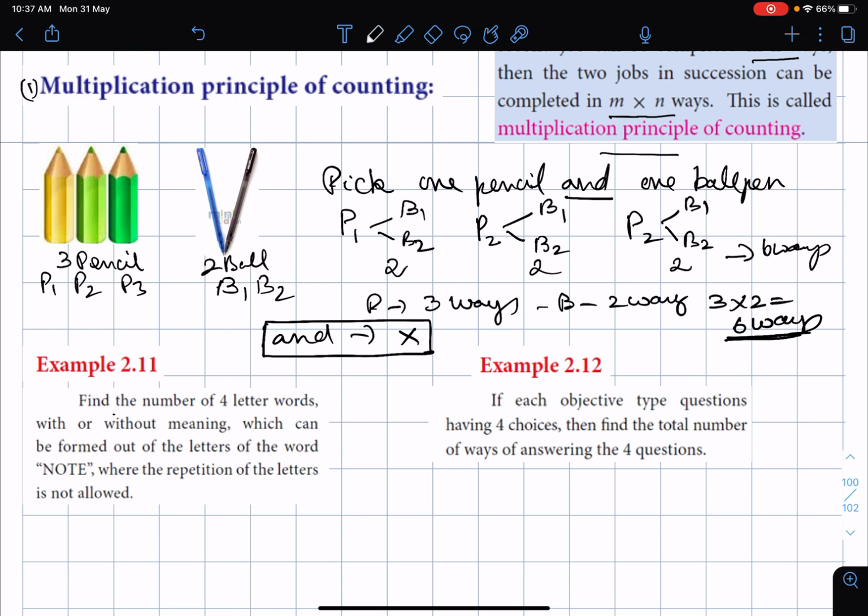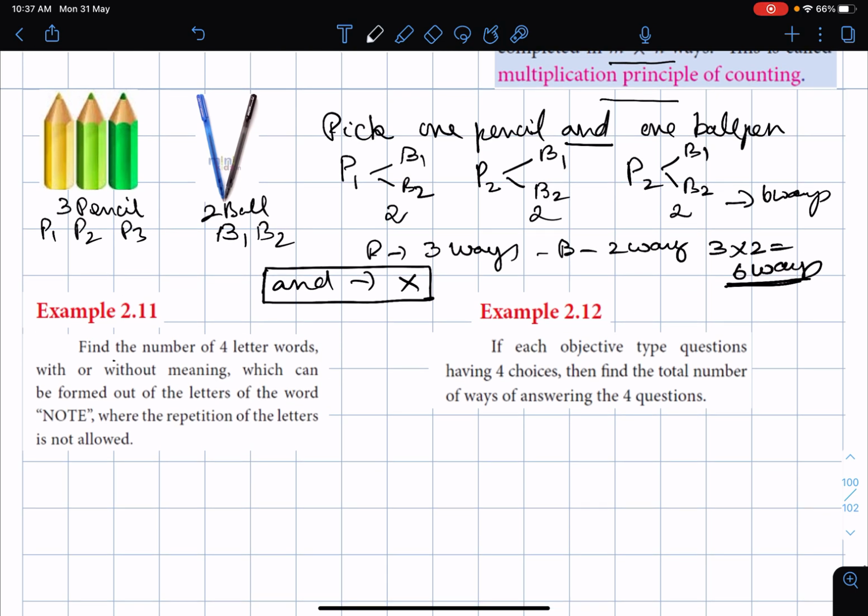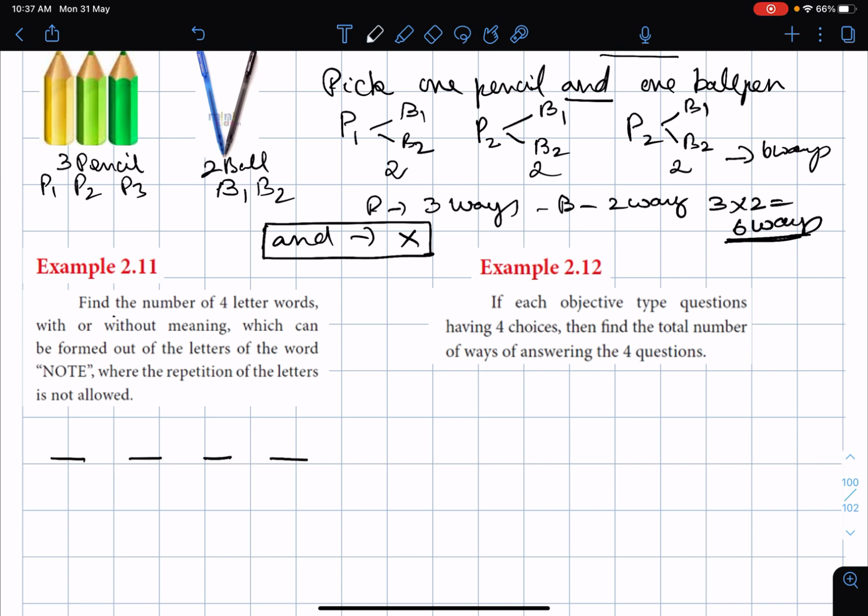Here are our examples based on this. Example 2.11: find the number of 4-letter words, with or without meaning, which can be formed out of the letters of the word NOTE, where the repetition of letters is not allowed. So we have 4 boxes, and you are going to use the 4 letters without repetition. In the first box you have 4 letters available. After placing 1, you cannot repeat, so the remaining will be 3 letters, and after placing 1 in the second place you will have 2 remaining.